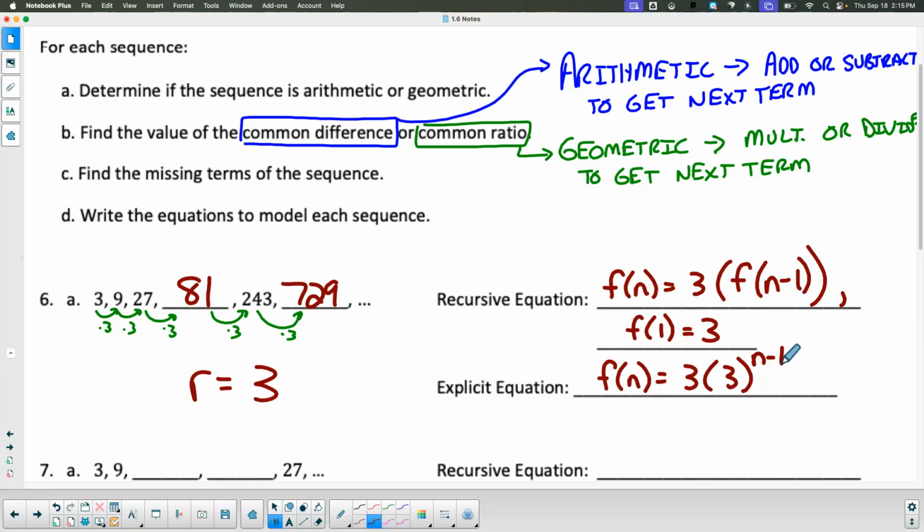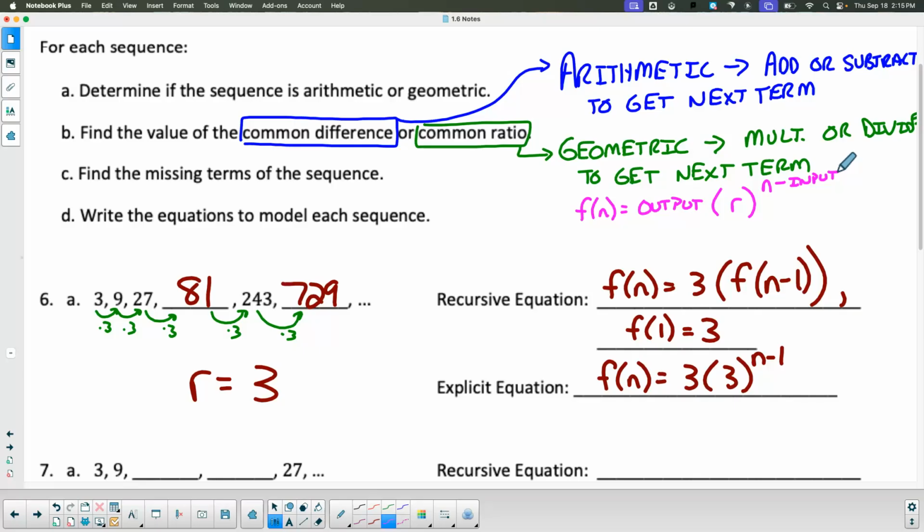Because remember, the pattern for a geometric is f of n equals the output times the ratio, that should be an R, I don't know why I curly cued the R there, R to the n minus the input power. Write that down if you are struggling with those. Okay?